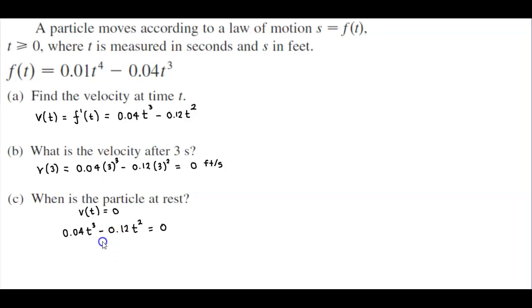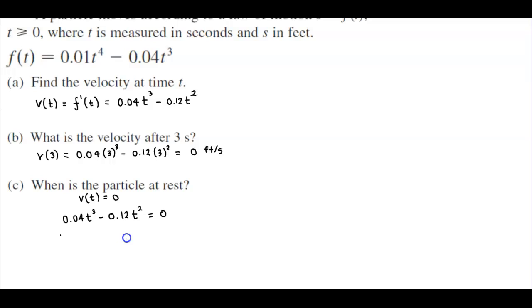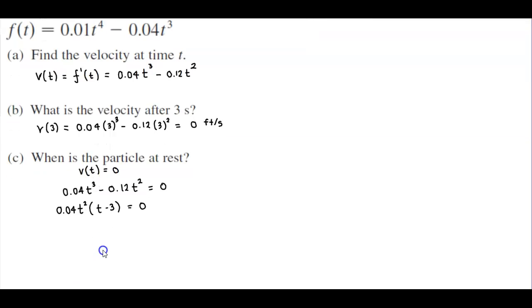Both terms have in common 0.04 and a t squared, so we can factor out 0.04 t squared, and then what's left is t minus 3, and that is equal to 0. So 0.04 t squared equals 0, which tells us that if we divide both sides by 0.04 and take the square root of both sides, t is going to equal 0.